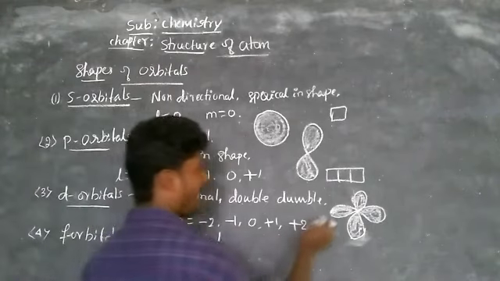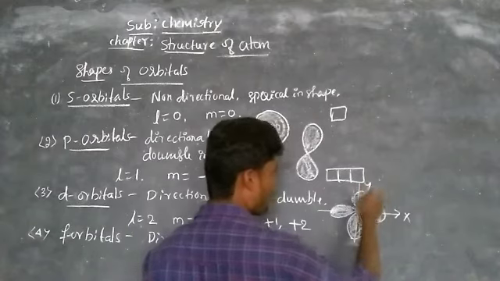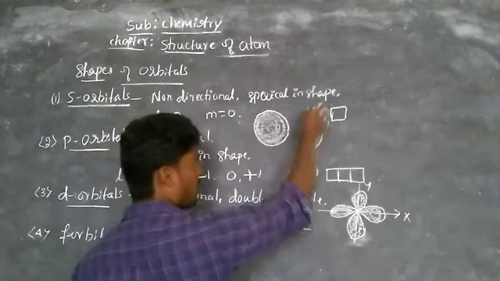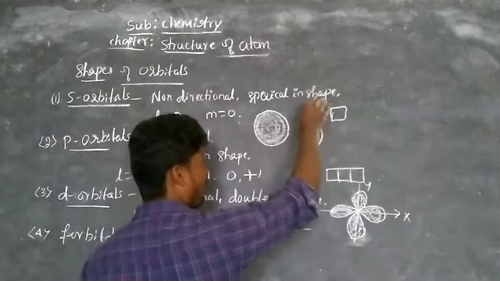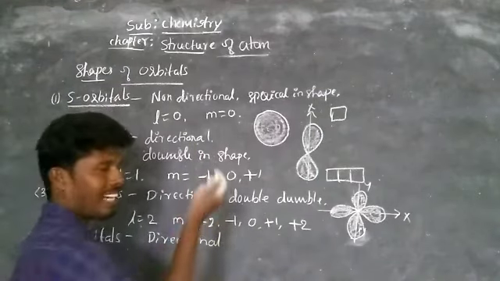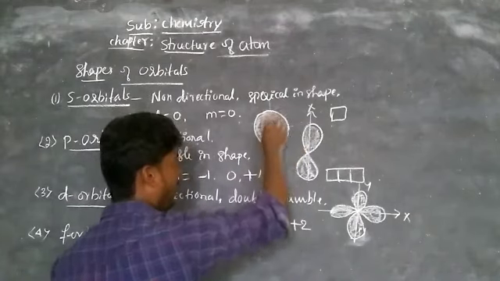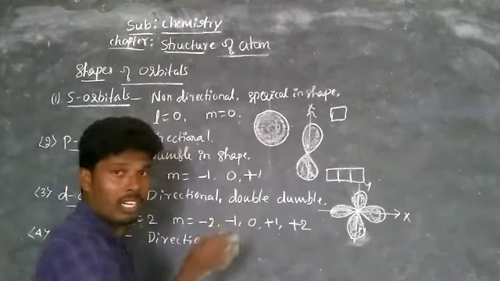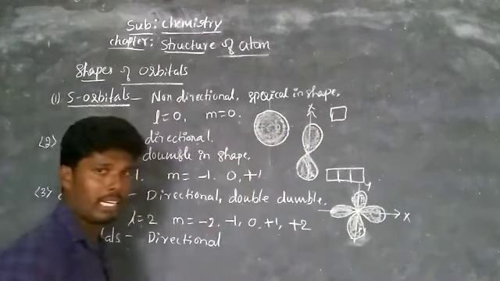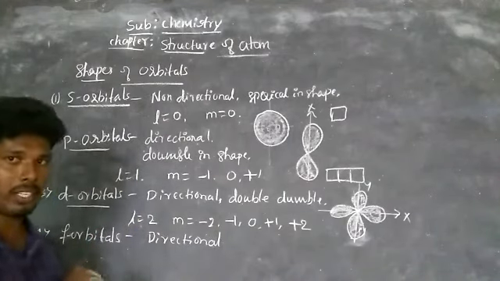If you write an axis here, observe, one is the x axis, one more is the y axis. But here there is only one axis, either x or y or z, any one axis. But in a spherical orbital we can't write one axis. If I write x, if I write y, if I write z, it means it is not in any one direction. It is present in all directions, hence we call it non-directional.